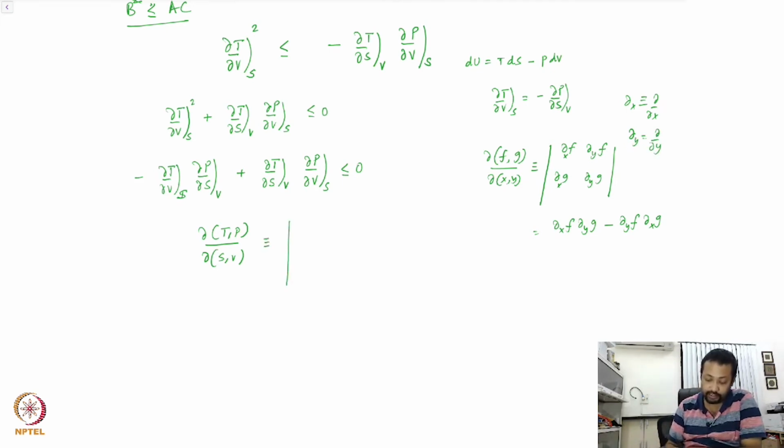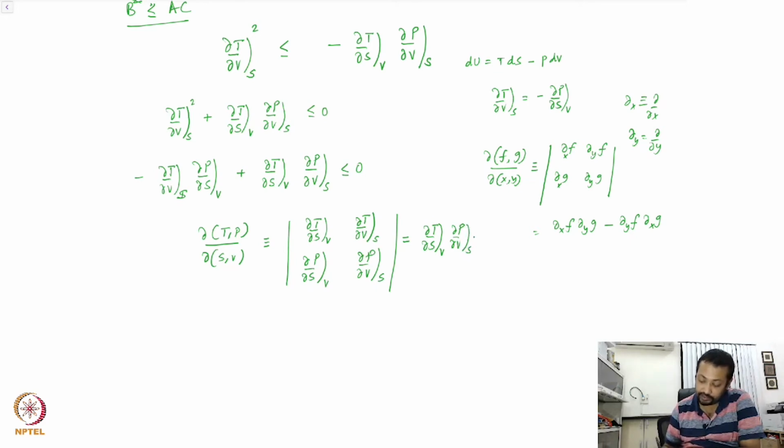So if I look at this, this is identical to the determinant of ∂T/∂S at volume constant, ∂T/∂V at entropy constant, ∂P/∂S at volume constant, ∂P/∂V at entropy constant, which is equal to ∂T/∂S at volume constant times ∂P/∂V at entropy constant minus, I'll write in the next line, ∂T/∂V at entropy constant times ∂P/∂S at volume constant.